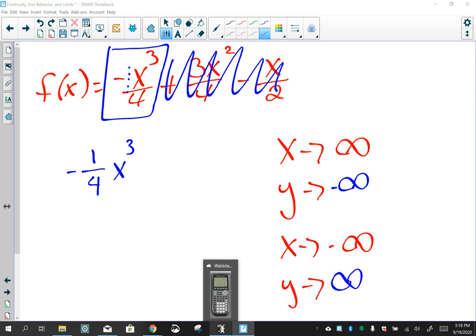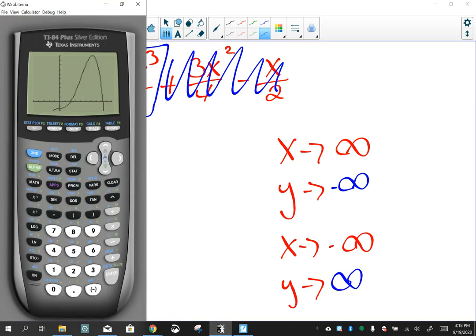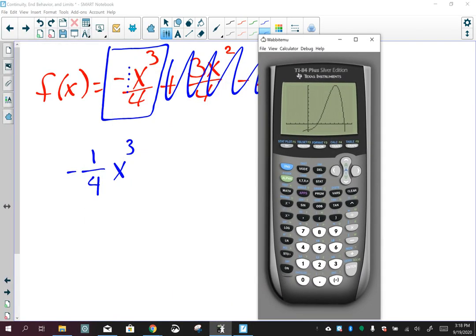And you can check this in your calculator. Y equals, so we're going to clear that out. Math, oh, wrong one. It just does not like me today.